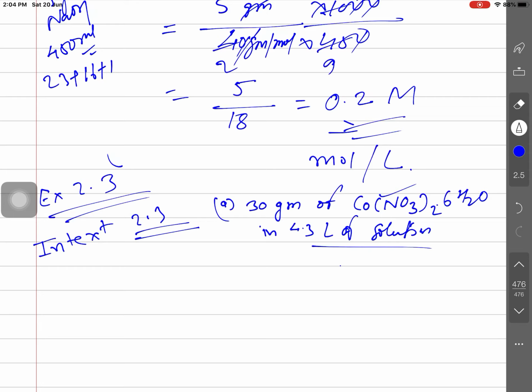Molecular mass of Co(NO3)2·6H2O, hexa aqua.